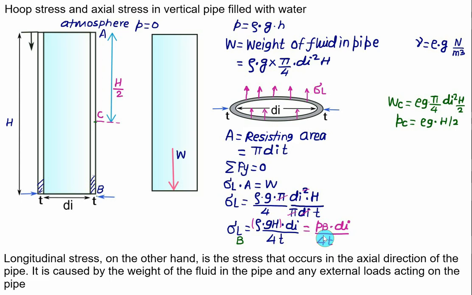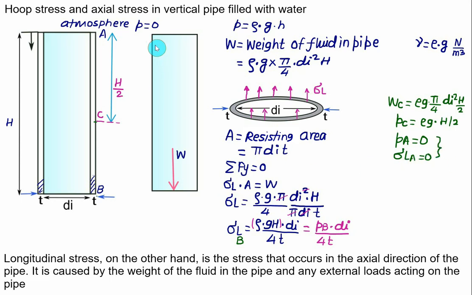So the same formula will work here, only you have to take the pressure where you are interested to know the axial stress. And at point A, the pressure is equal to 0. If the pressure is 0, then the longitudinal stress at A will also be 0.